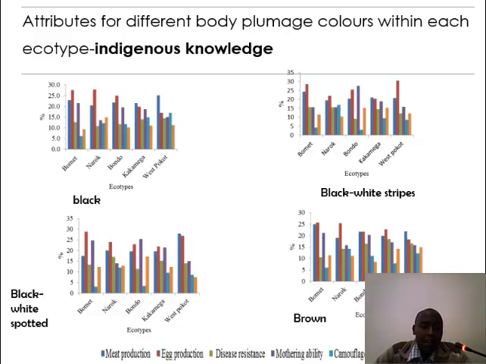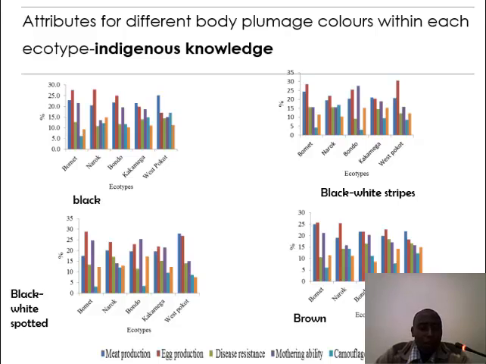Further, if you can see the graph there, I was trying to capture what you call the indigenous knowledge. And I found that in each and every region, the people keeping chicken have their own indigenous knowledge. When I compared different body plumage colors between the regions, I found that the farmers were utilizing the colors differently.